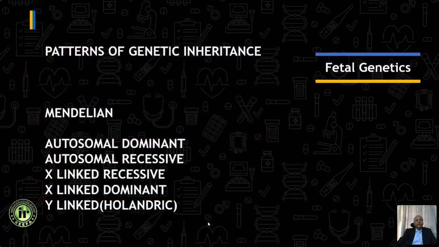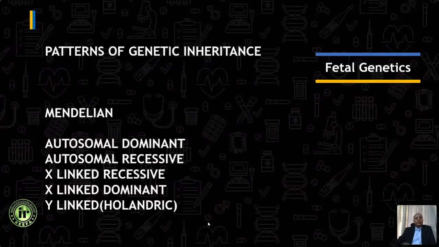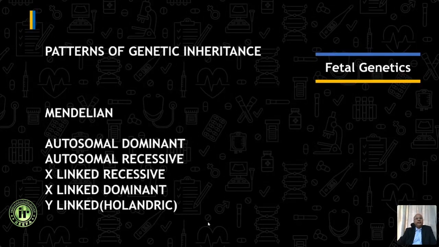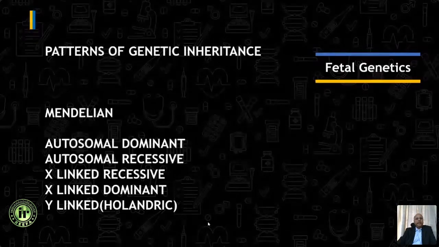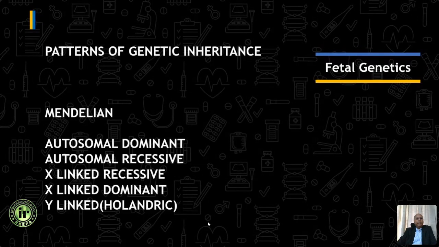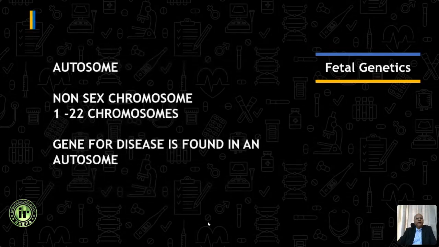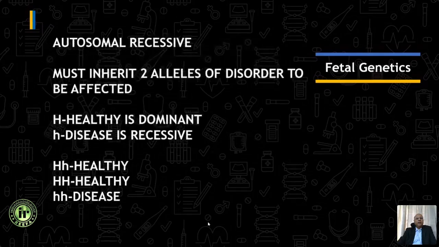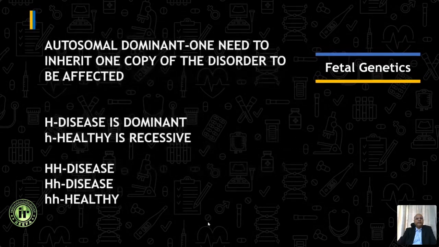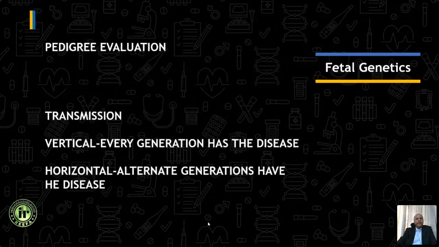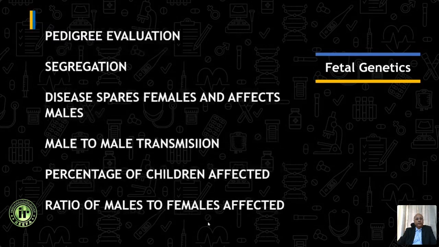Genetic counseling for chromosomal abnormalities may be straightforward using the risk assessment which we discussed, but for counseling for genetic disorders, we need to understand the pattern of the inheritance of the disease, whether it is autosomal dominant, autosomal recessive, X-linked recessive, dominant, or Y-linked. So we need to understand whether we are dealing with autosomal diseases, and whether we are dealing with a dominant type of inheritance or a recessive type of inheritance, and then we need to counsel.